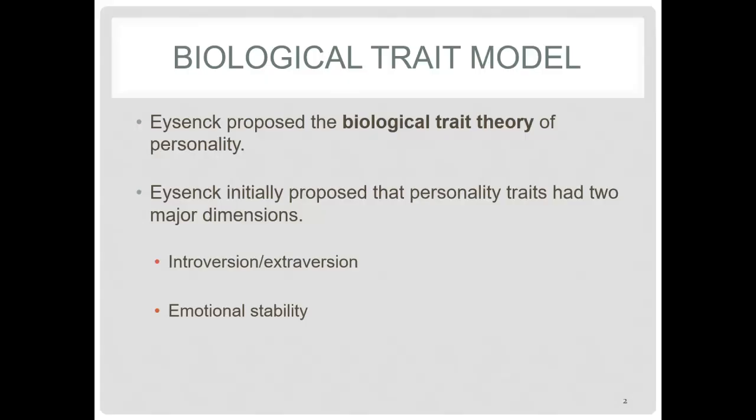So, now I want to look at biological trait theory. Eysenck proposed the biological trait theory of personality. And he proposed that personality traits had two major dimensions: introversion-extroversion, and emotional stability.